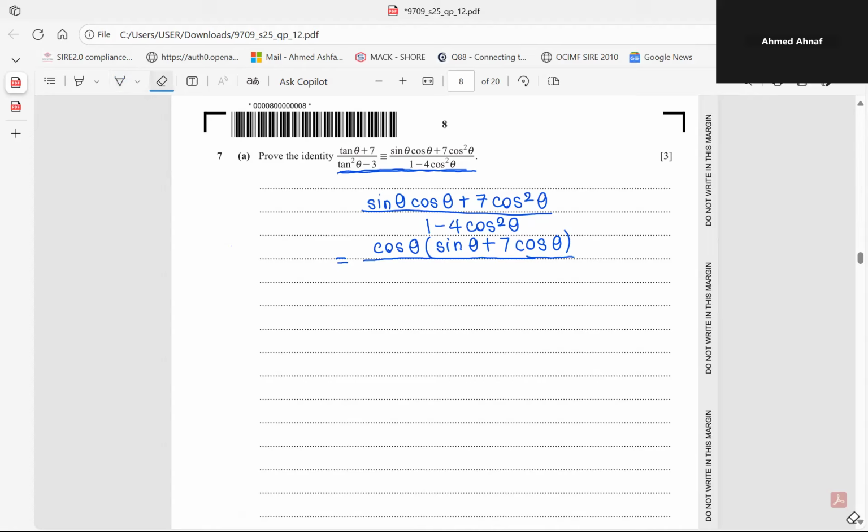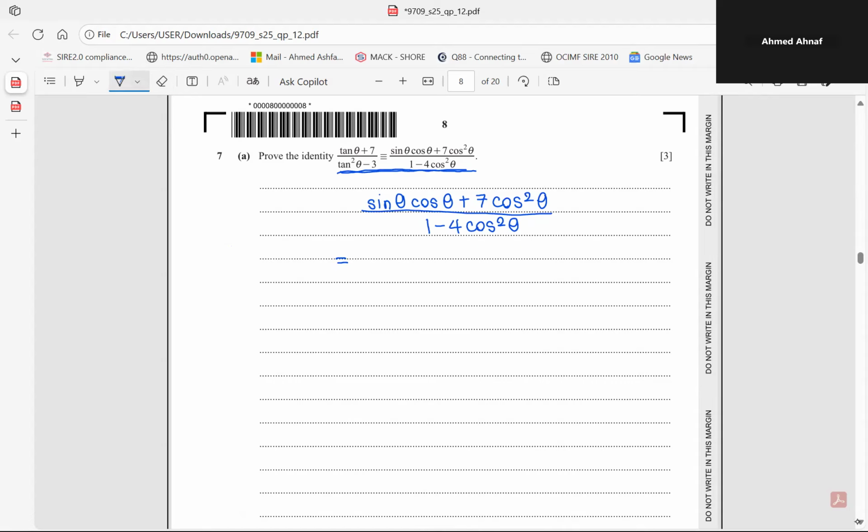All right, let's not do this. Okay, so I believe a better way to do this is to factor cosine squared theta. So let's do that. So cosine squared theta, factoring that out, you get sine theta over cosine theta plus 7.